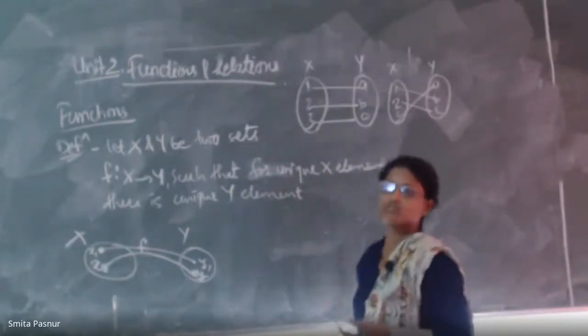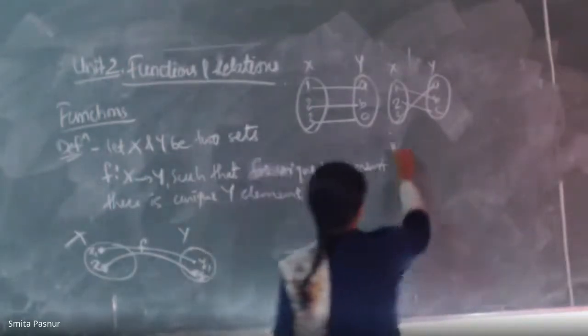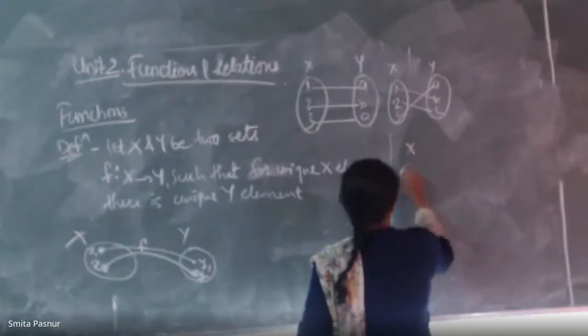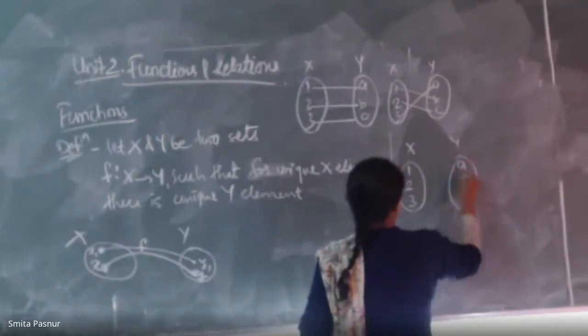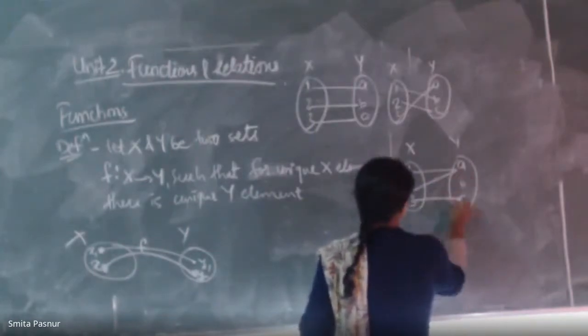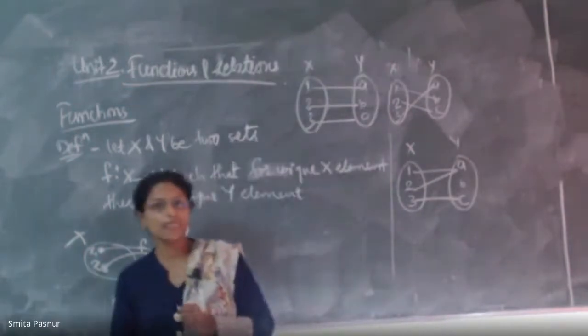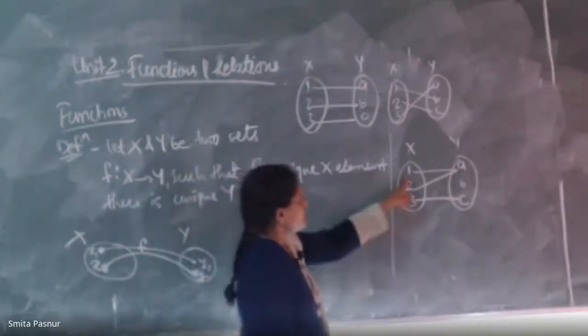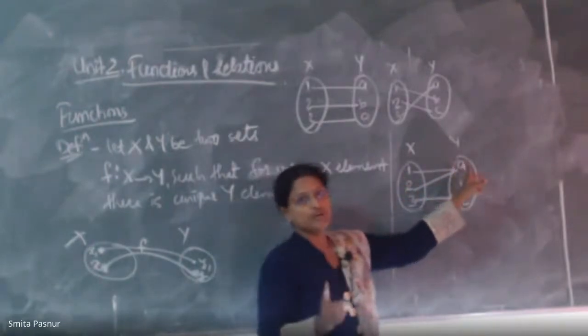Then which is not a function? Which example is not a function? Suppose I am showing like this. Okay, so this is not a function. Why is it not a function? As you can see here, two elements of x are connected to one element of y.